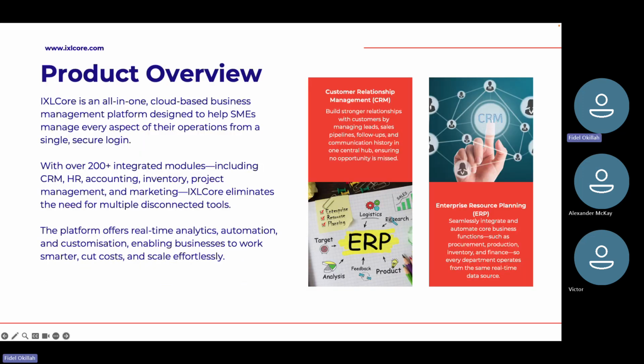In a nutshell, iExcel Core has various modules, and each of these modules helps a business achieve and sustain its growth as and when they grow. That means an organization is able to start with one module, whether it's accounting and bookkeeping, and grow into human resource, customer relationship management, enterprise, and project management, depending on the growth of the organization.